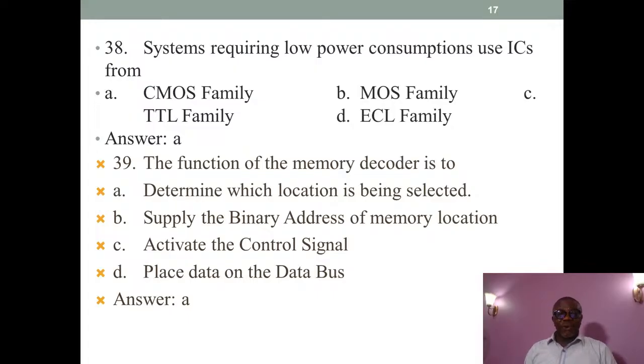So it has no other function other than to use the row and column to decode which chip is being selected. If you have 2 by 2, we have seen there that you can select this number of chips. That's just the function of the decoder.